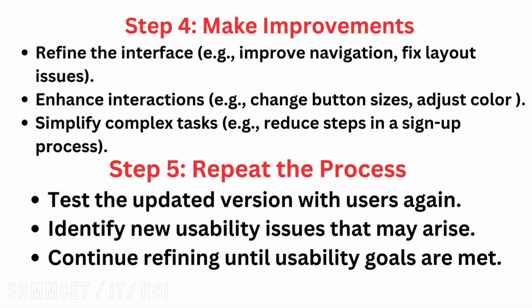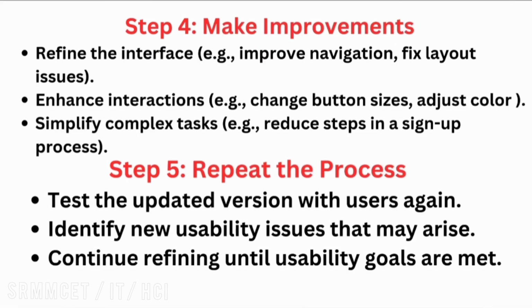Step 4, make improvements. By using the surveys and opinions from the users, we have to make slight changes and modifications based on the improvements. Refine the interface, simplify complex tasks, reduce steps in a sign up process, change button sizes, adjust the color, improve navigation, fix layout issues, all this. Step 5 is repeat the process.